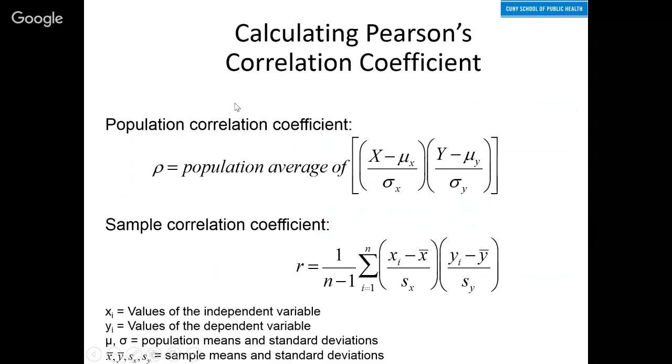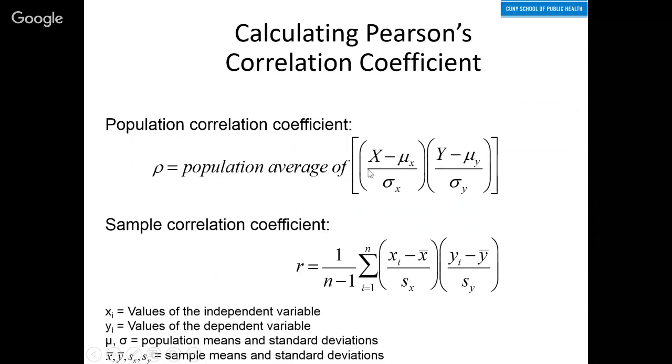Is what they are. The population correlation coefficient is calculated from the population mean, standard deviation, and each of the individual values in the population.